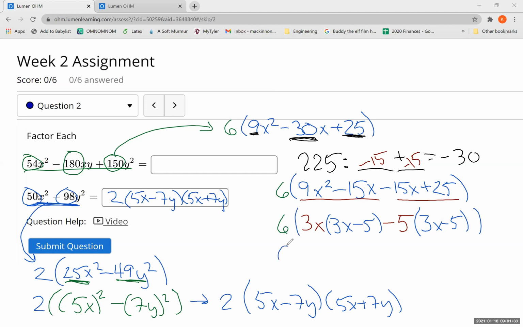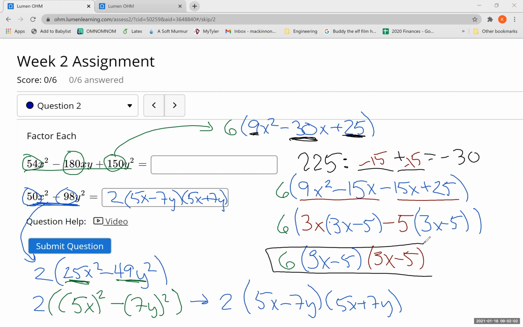All right, so now I'm going to stay color coded. When we say factor each, that means a complete factorization. So we'd have a 6 factored out, 3x minus 5, and then my red factor was 3x minus 5.